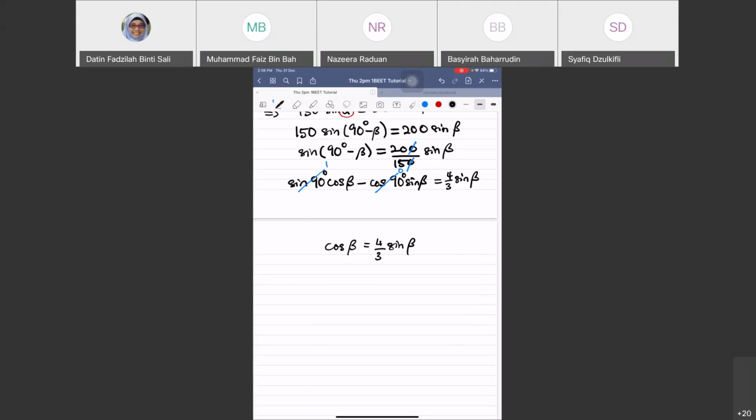Can you solve for beta? Maybe the easiest is using tangent. If I'm using tangent, that means I divide both sides by cosine. Can you all follow this?